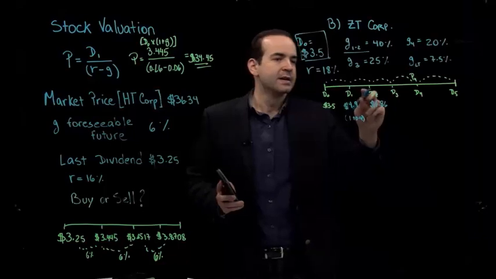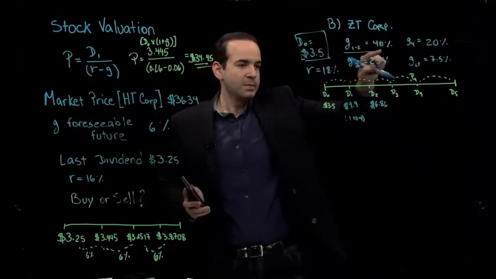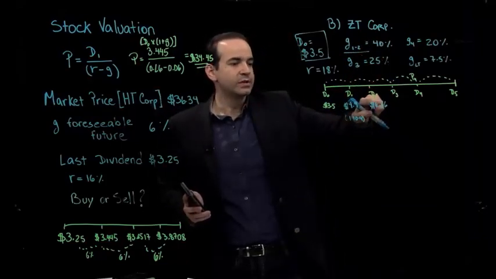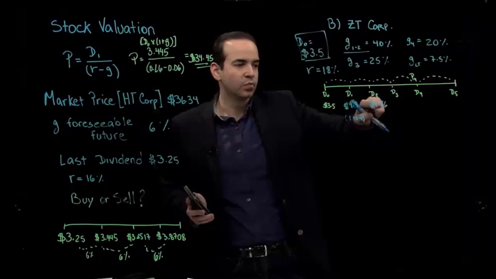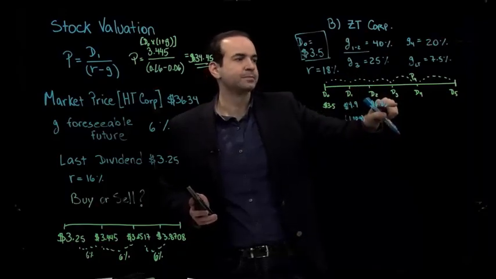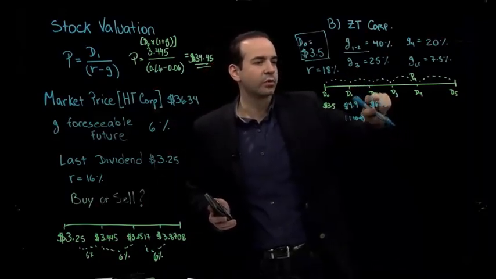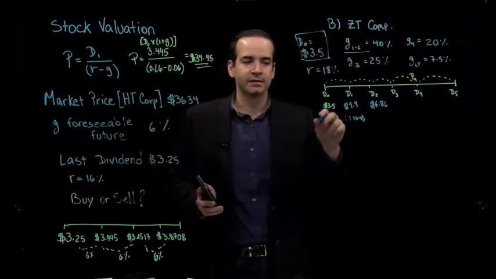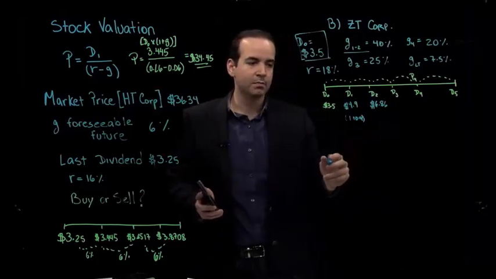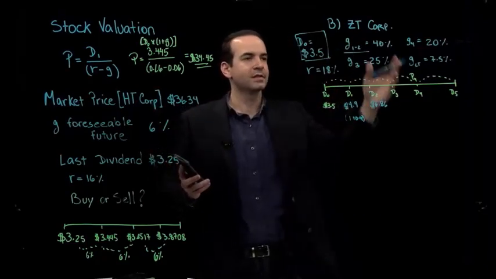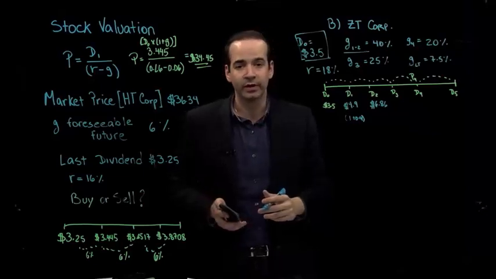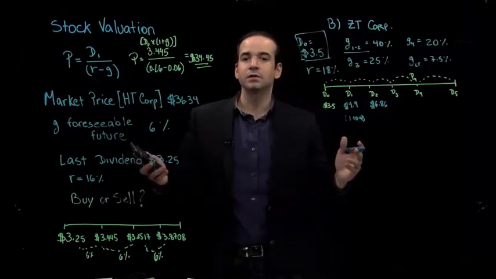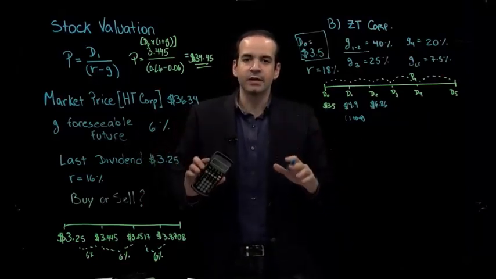Now, the growth rate of 40% has reached its end. So when we move to the third year, we will have a growth rate of 25%. At this point, the boom of the new products of CT Corporation, or of their brand new restaurants, is decelerating.